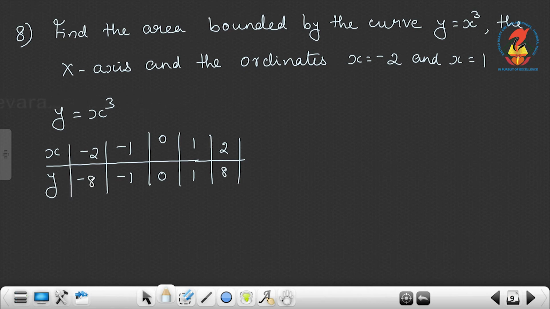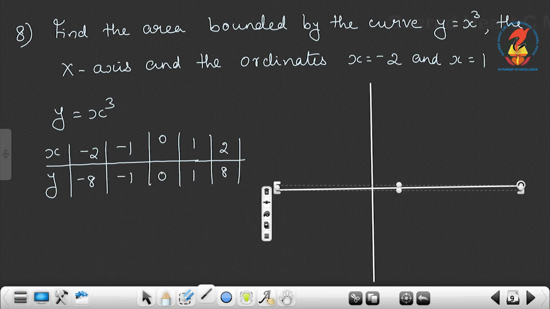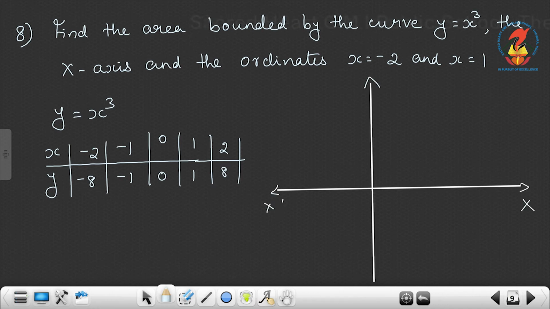So we can draw x dash, x, y, y dash, origin 1, 2, 3. Here -1, -2, -3.